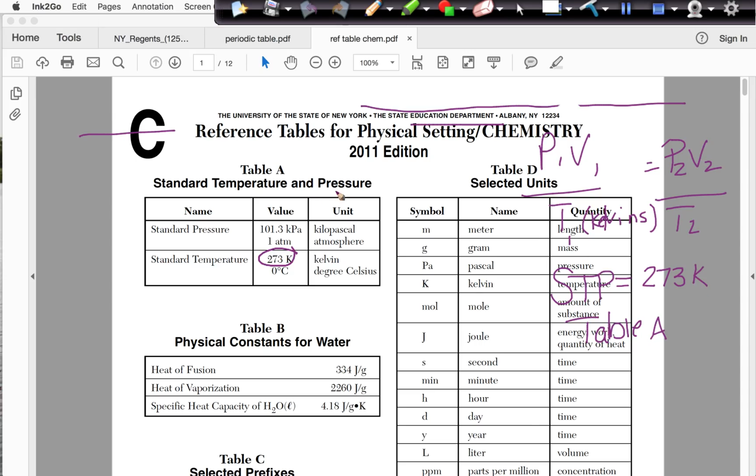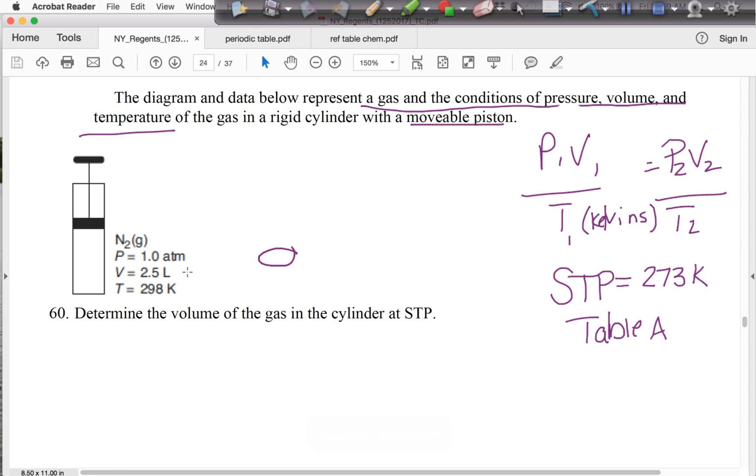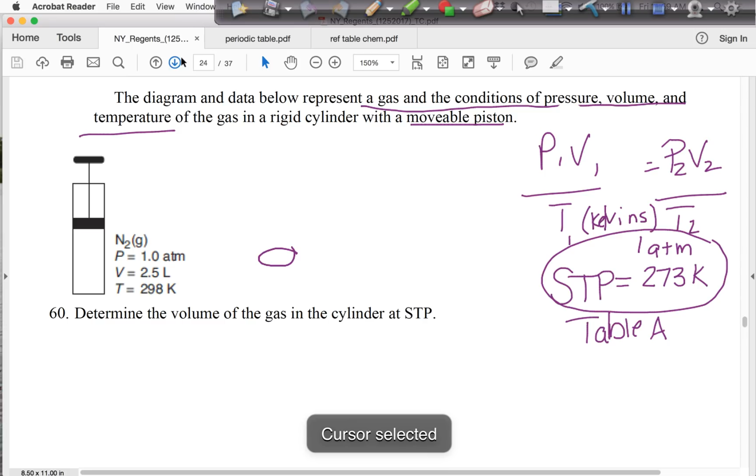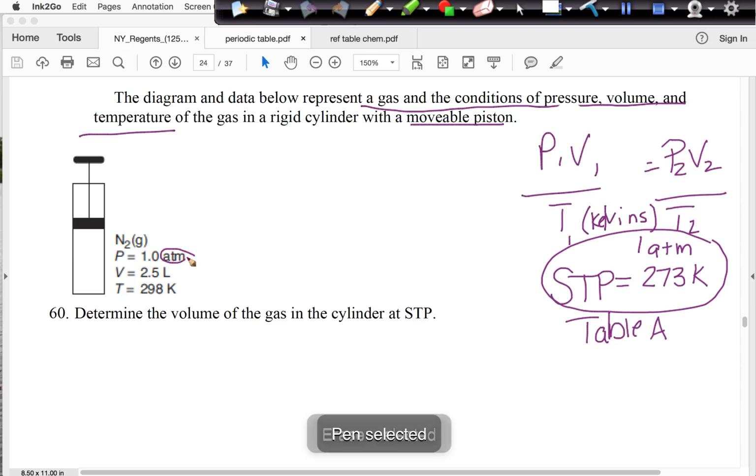And for the standard pressure, we're going to look and see which pressure unit is in the question. The pressure unit that's in the question is atmospheres. So we are going to write down standard pressure as 1 atm. But again, you're going to use the pressure unit that was already used in the problem. So since this problem mentioned pressure in atmospheres, we're going to use standard pressure in atmospheres.